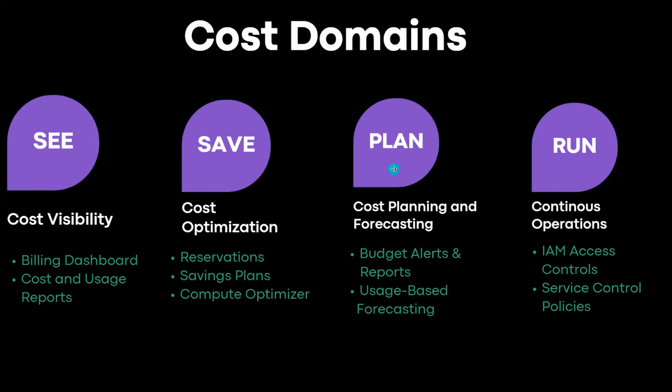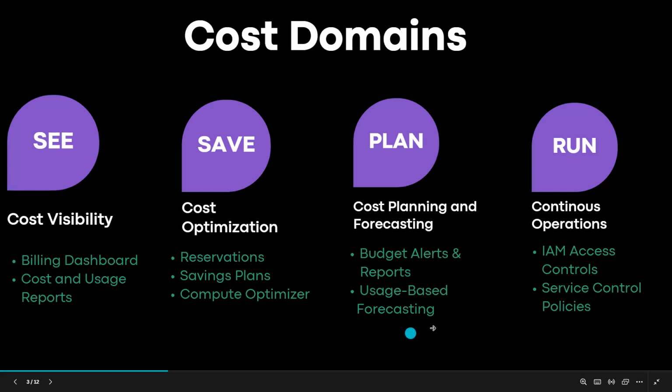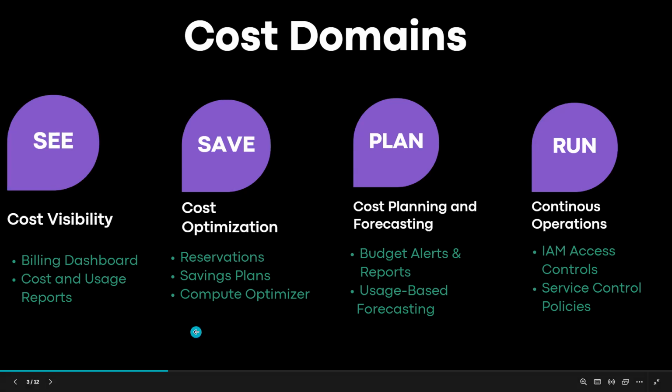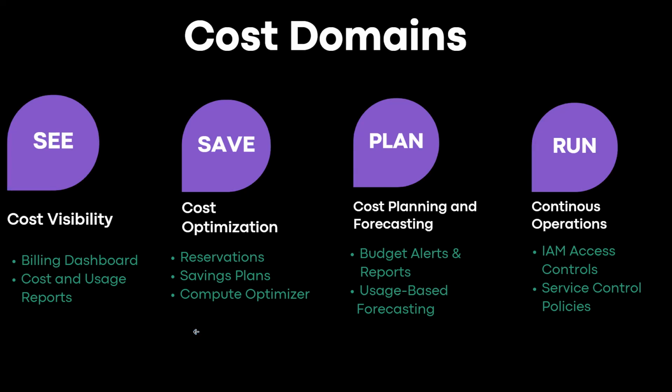And there's also a feature on the Cost Explorer page that provides you with usage-based forecasting. This is something that you can also get from within the billing dashboard. You'll notice when you log into your account and navigate to the billing dashboard, there's always a forecast amount that you're given. So you'll have your running cost, and then you'll also have your forecasted costs. This is done based on your spending pattern.